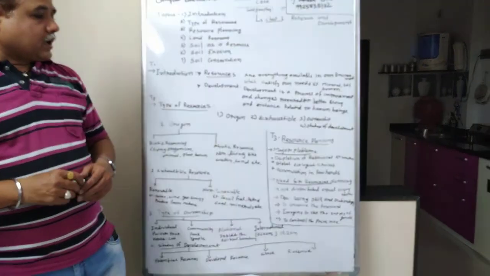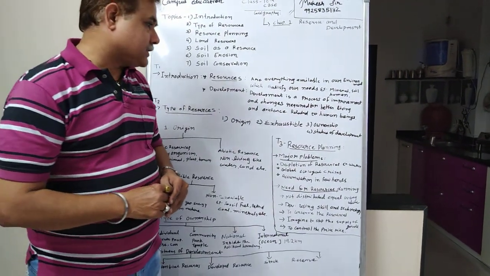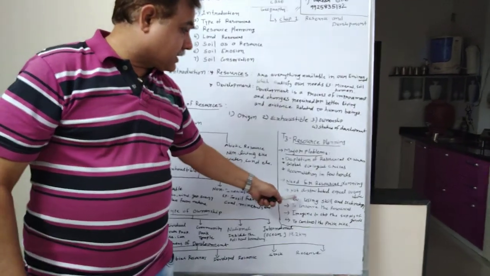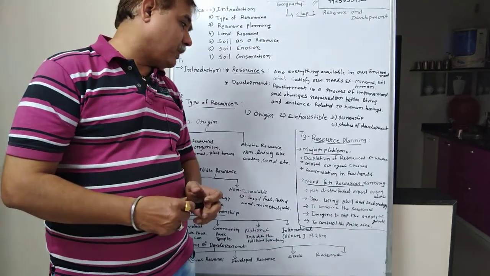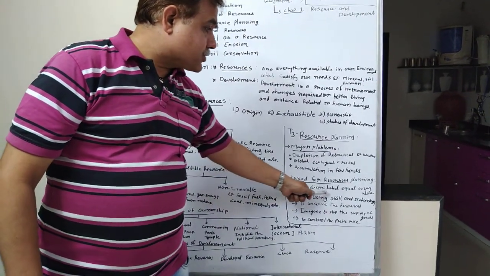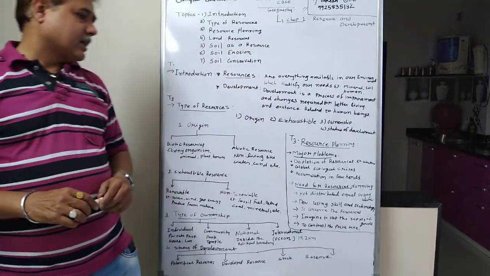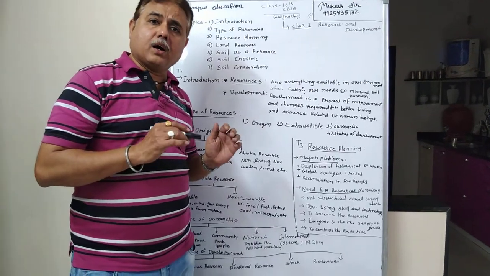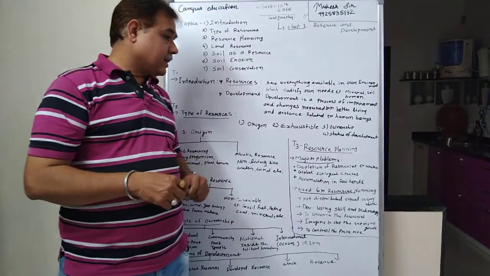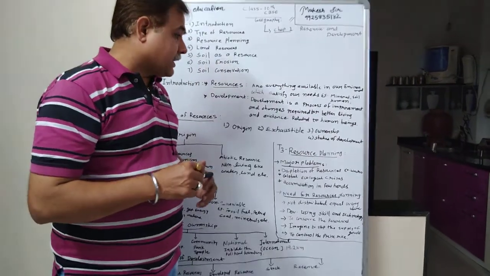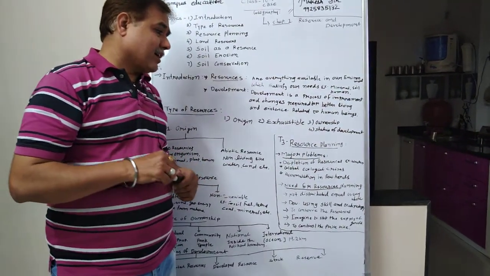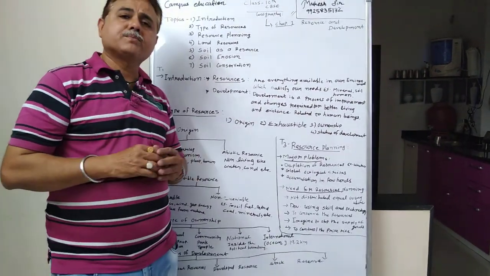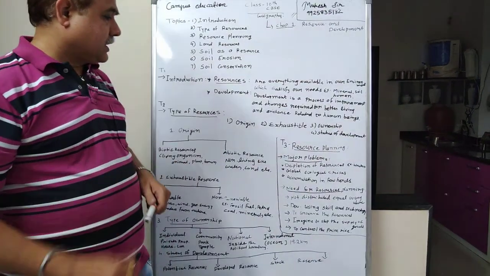Now we need resource planning. Why do we have to plan? Because resources are not distributed equally everywhere. We have many resources in our country and in the world, but if we are not distributing them properly, skill-wise and technology-wise, we have many problems created for our nation.